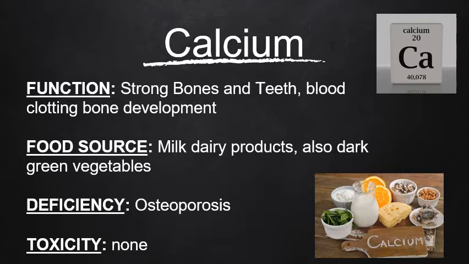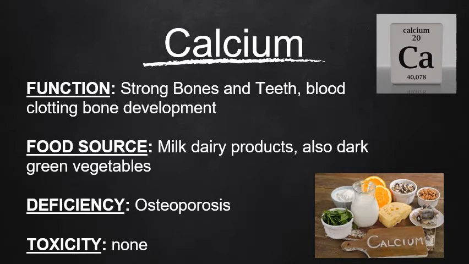If a person does not get enough calcium over time, a deficiency, which means not enough calcium, can lead to osteoporosis, which is that shrinking or curve of the spine as one grows older. Now, when we're talking about toxicity, we're talking about having too much of a mineral.